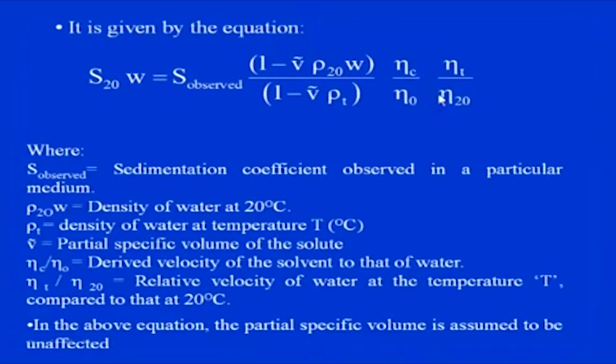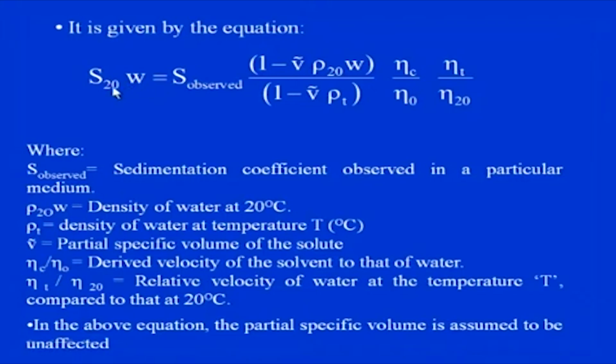The measured value of the sedimentation coefficient, which is affected by temperature, solution viscosity and density, is often corrected to a value that could be obtained in a medium with the viscosity and density of water and at 20 degrees Celsius. This could be expressed as a sedimentation coefficient in water or standard sedimentation coefficient, and this is given by this particular equation.